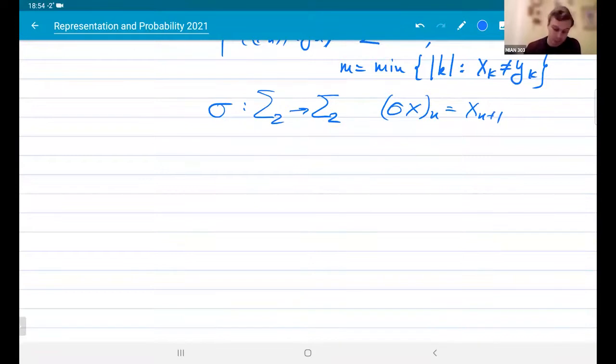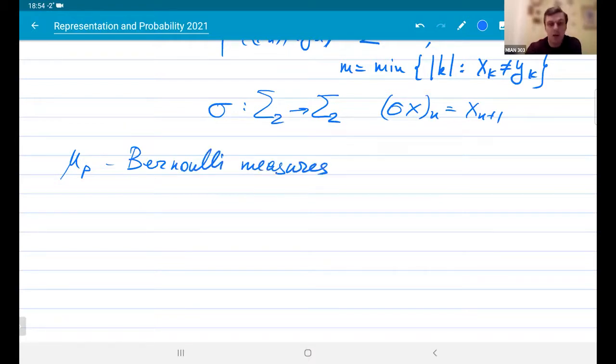And we can define the measures mu_p called Bernoulli measures. And I guess this is quite obvious from the name what it is.